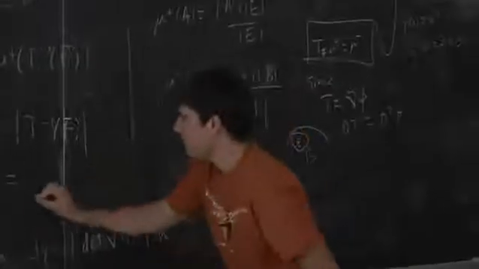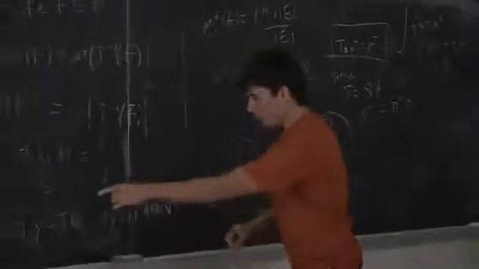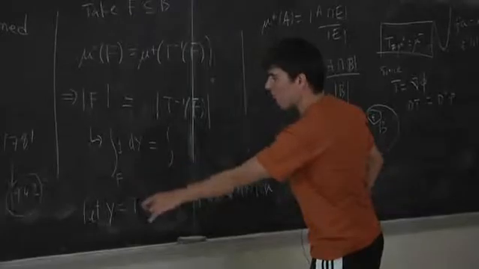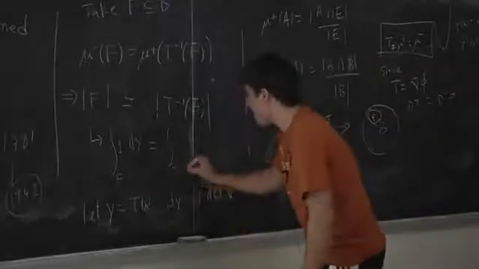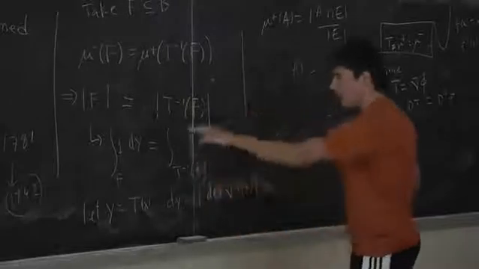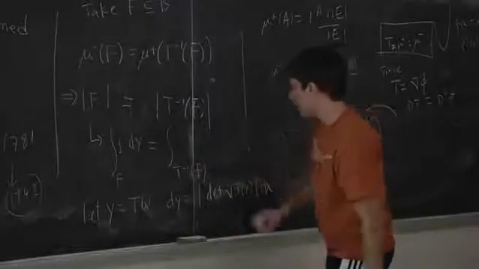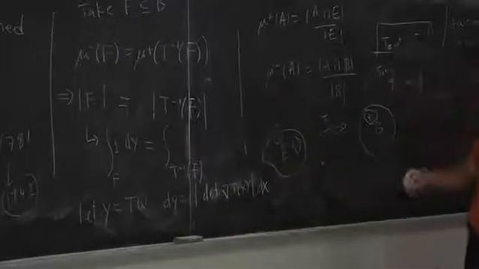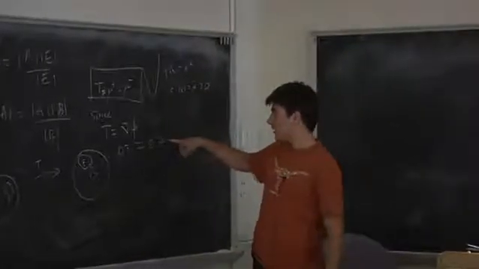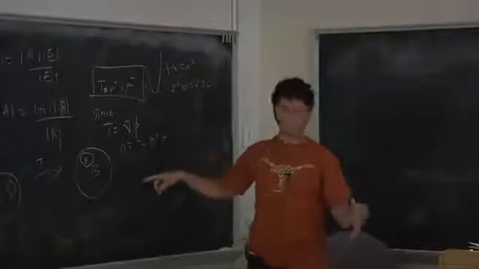So we just plug that in here. y goes through f, so x goes through T inverse of f, and then dy is just given by this expression. But now we use the fact that the determinant of the Hessian of a convex function is non-negative.